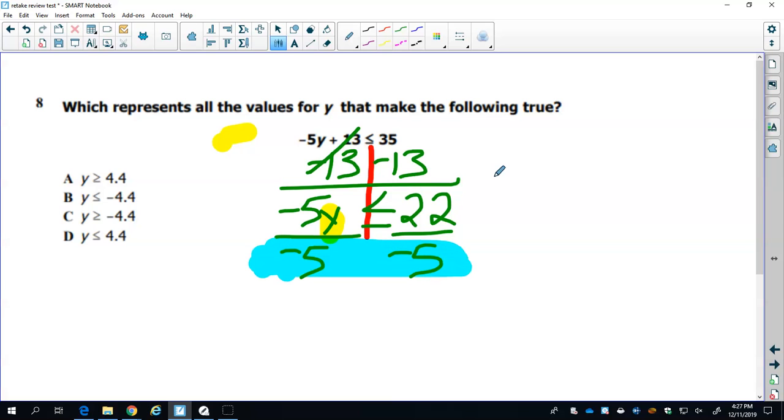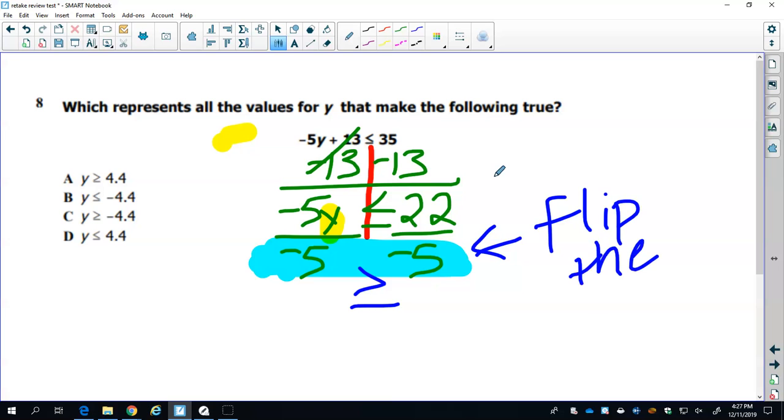What happens to our inequality sign? We did this in class. When we divide by a negative, we are going to flip the sign. So we're going to make a little note to ourselves. Flip the sign whenever you divide by a negative.